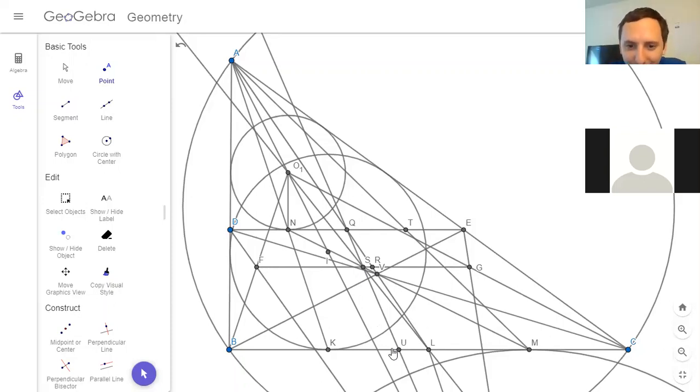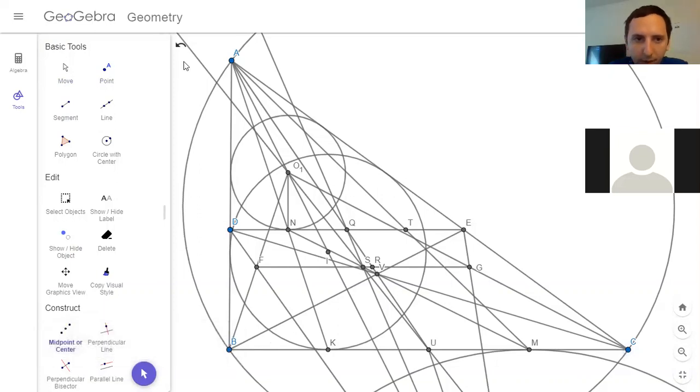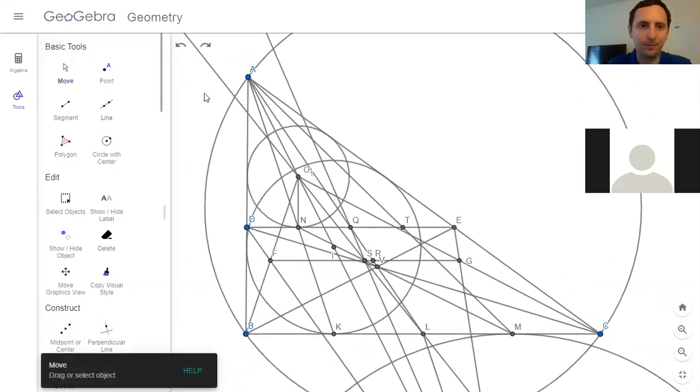Now it seems like it really should be. Hold on just a sec. So U. Oh, but I think L is the midpoint, not U. Okay, so it's a little bit harder than that. Let me just try this one more time. All right, so I don't think we're going to solve this for now, but it was a good problem.